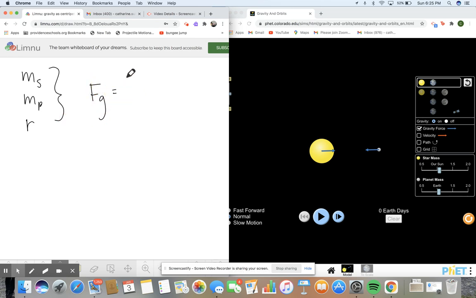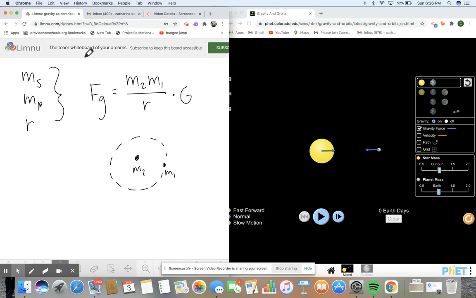These should all be in our equation for the force of gravity. And this equation turns out to be m2 m1 over r squared times a constant g. m2 is the mass in the center, the bigger mass, that m1 is orbiting.